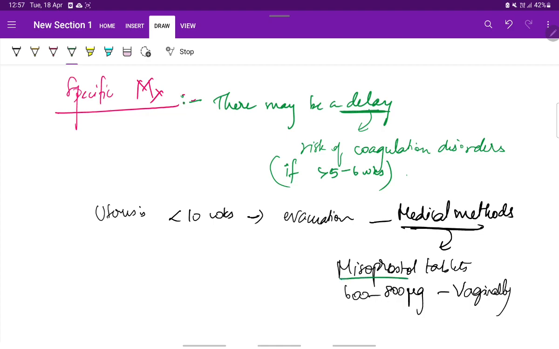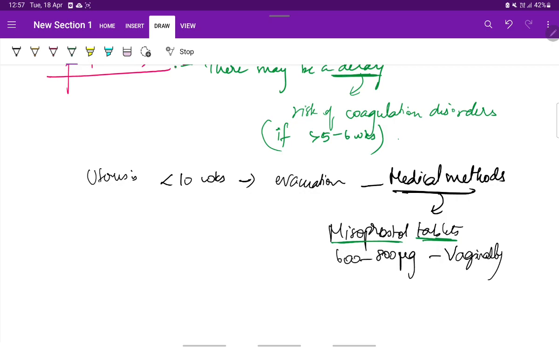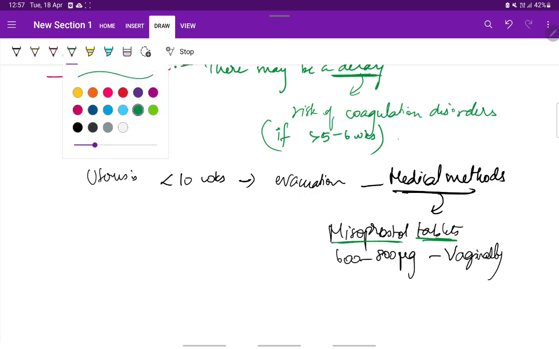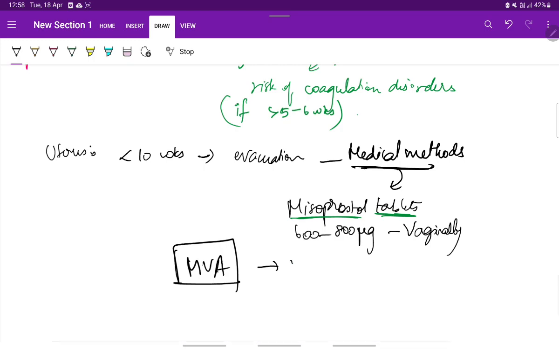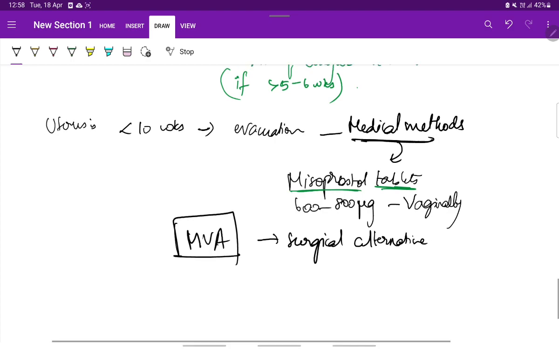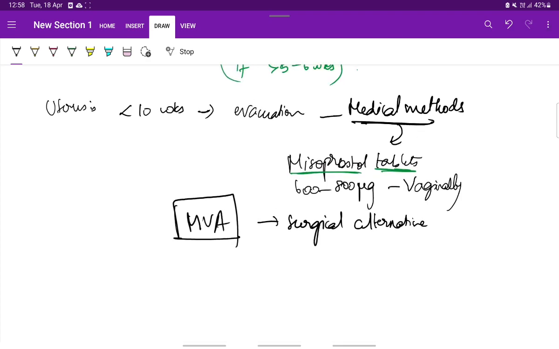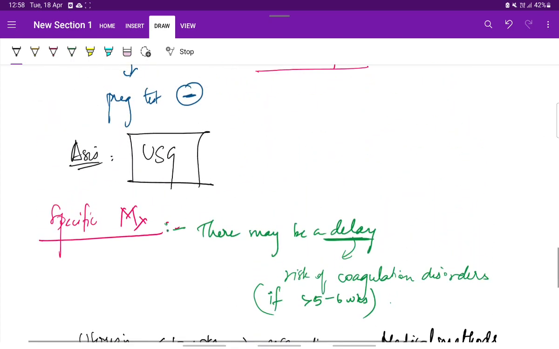This is the medical method of abortion. Also, manual vacuum aspiration can be done as a surgical alternative. And in case of an Rh negative mother, we should give anti-D prophylaxis after performing these abortions. So this is about missed abortion.